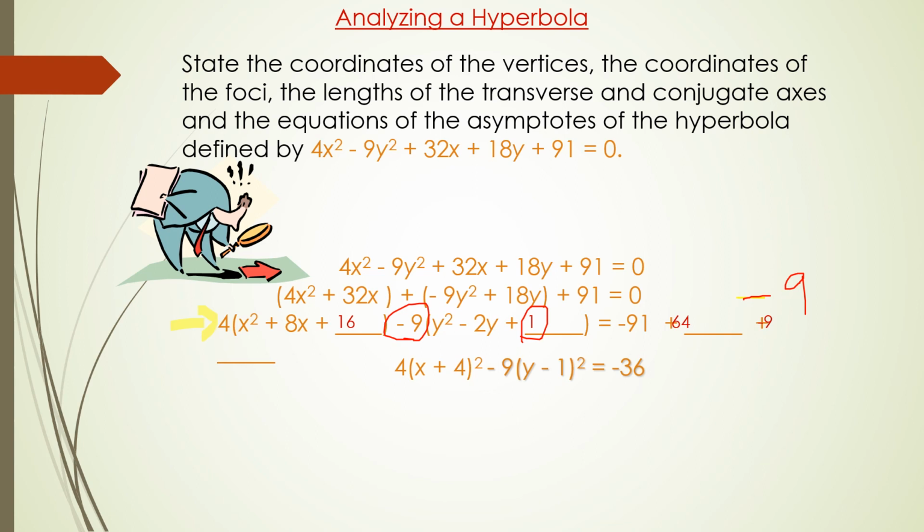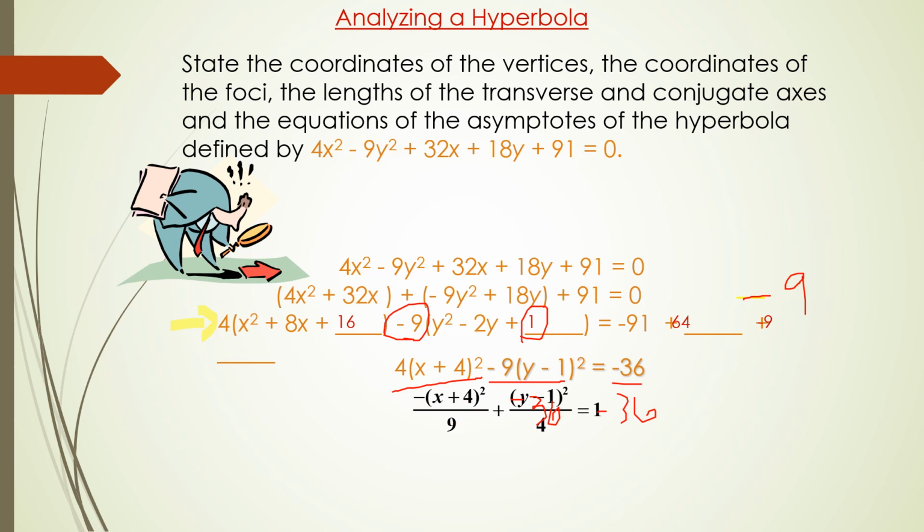And the next step is you have to divide everything by negative 36, so the standard form is equated to 1. Whether you start with an ellipse or a hyperbola, it should be the same.